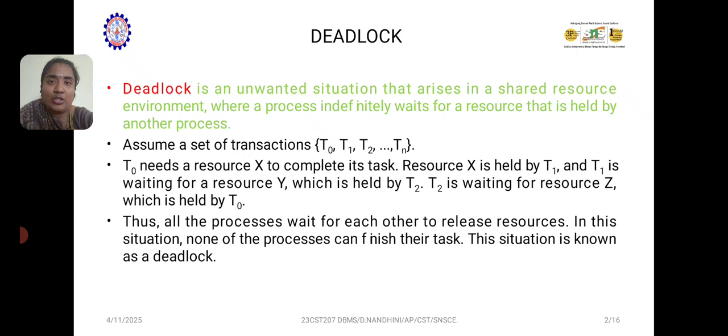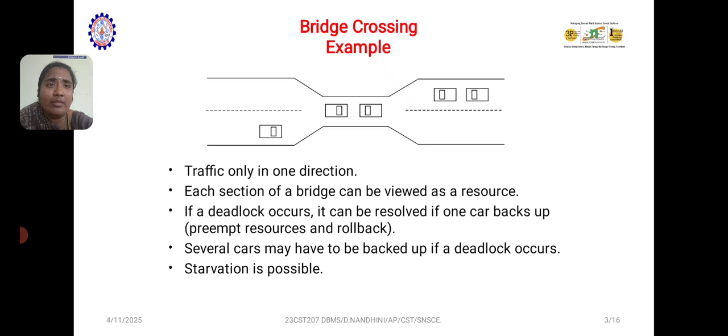If this intimation is sent to another transaction, then that transaction can start its work. The only remedy is to undo a condition, such as rolling back systems.